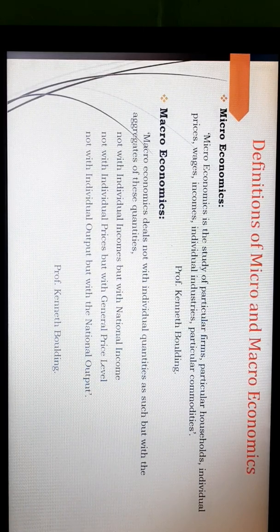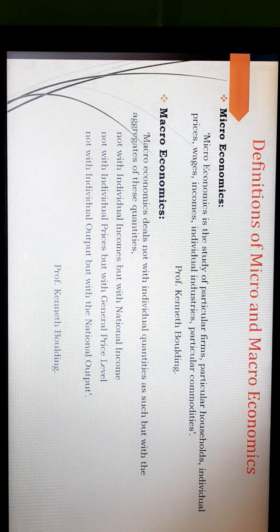Okay. And when we talk about macroeconomics, according to Professor Kenneth Boulding, macroeconomics is what? So macroeconomics deals not with individual quantities as such, but with the aggregates of these quantities. Now individual quantities are not coming under the studies of macroeconomics. Why? Because they are studied in microeconomics. And when we talk about aggregates, aggregates are studied under macroeconomics. So when we talk about aggregates, aggregates are nothing but total.